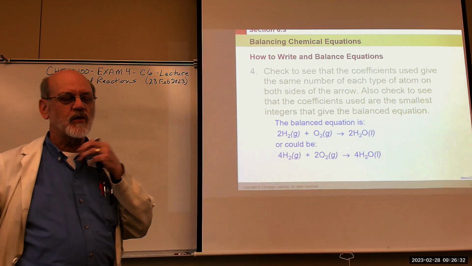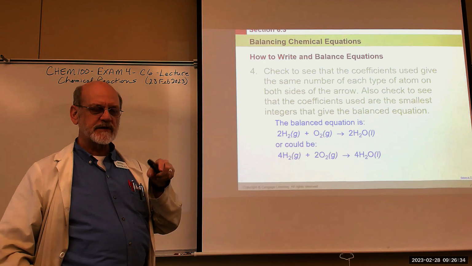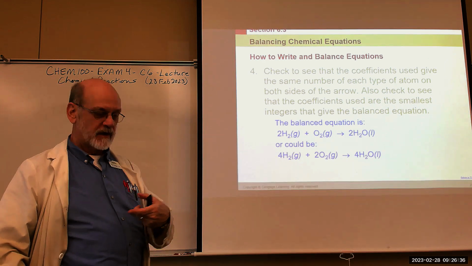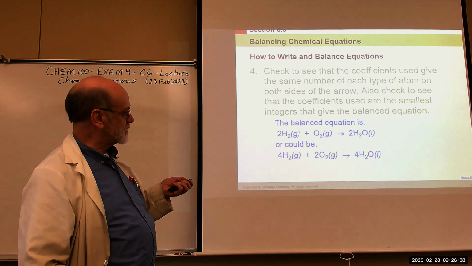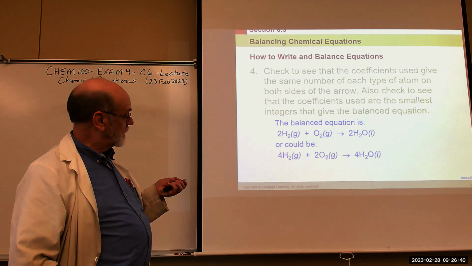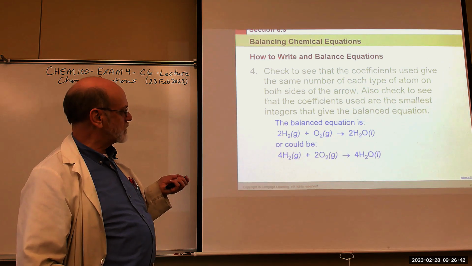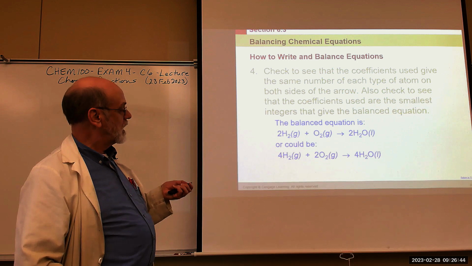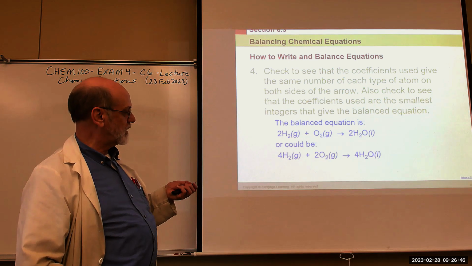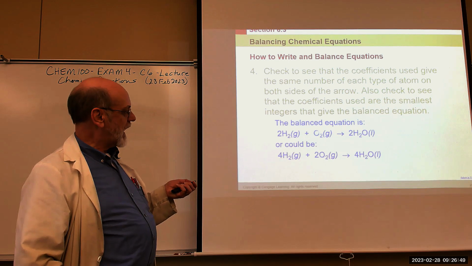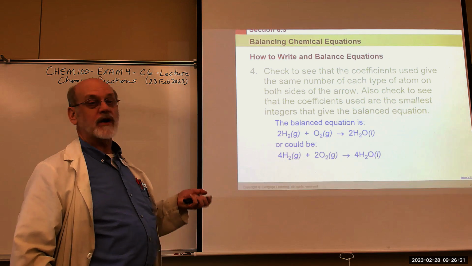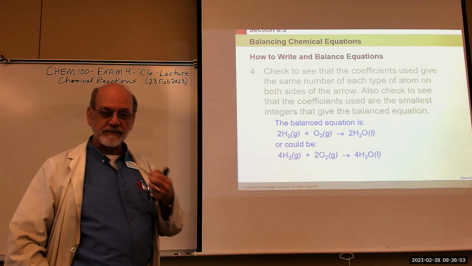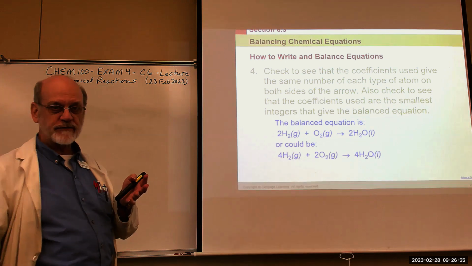Once you balance the equation, you want the simplest whole number ratio. These coefficients can be viewed as ratios, right? For every 2 hydrogen molecules, you need 1 oxygen molecule, and that produces 2 water molecules. That's the simplest whole number ratio. It cannot be reduced any further.